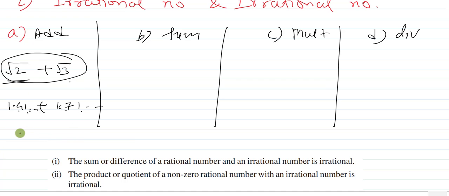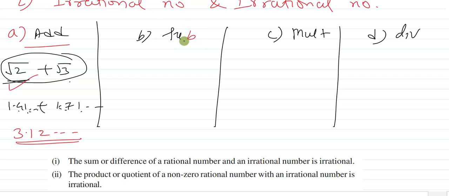It will not be exactly correct, but approximately 3.14 and so on. That is, it will also be an irrational number. So we can say addition of two irrational numbers will be an irrational number.